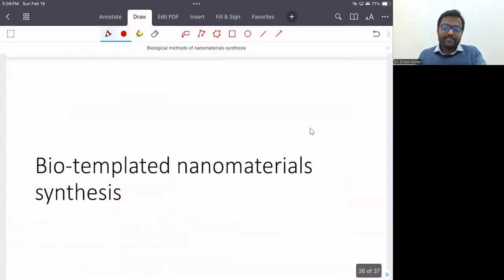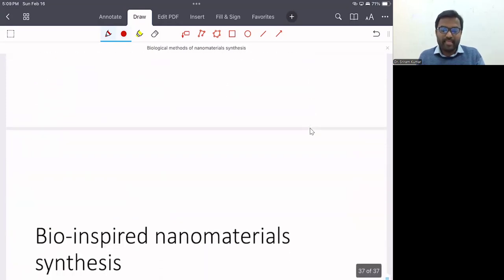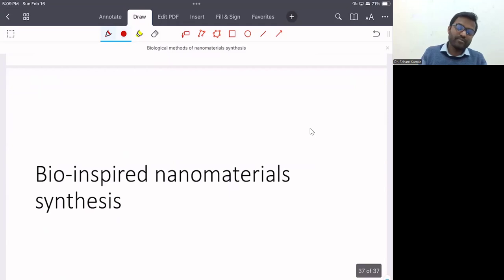And in the next class, we will learn biotemplated nanomaterial synthesis. We will use different templates, and then we can modify that template to synthesize different shapes and sizes of nanomaterials. And after that, we will learn bio-inspired nanomaterial synthesis.